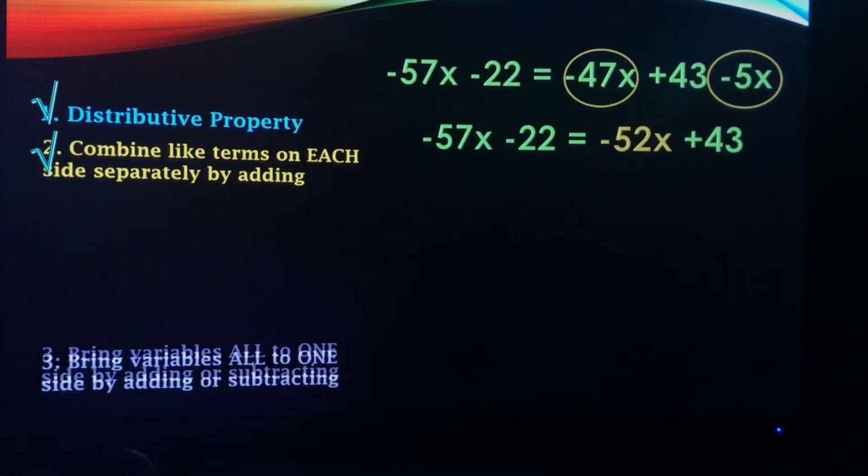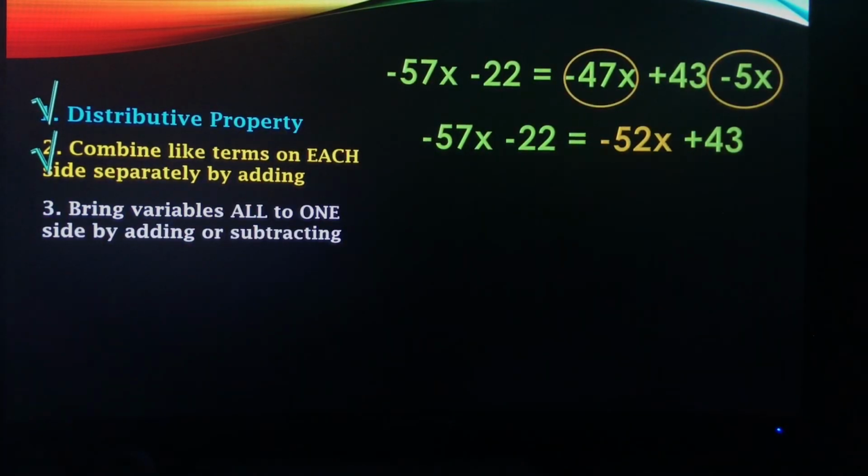So now, step 3, bring your variables to one side. And I do that by adding or subtracting. And the reason I say or is because in this case, my variable this time is a negative. So to bring a negative over, remember, a negative is the same as subtraction.